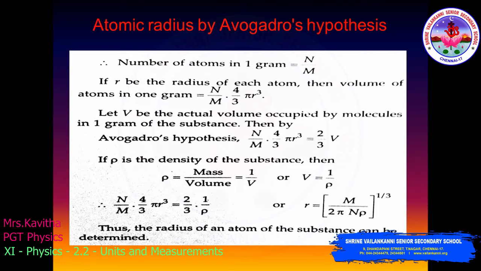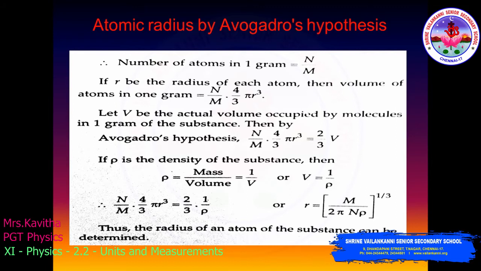So when a large number of atoms are packed together, some empty spaces are left between them, usually very little, depending upon the atom arrangement. According to Avogadro's hypothesis, the actual volume occupied by the atoms in 1 gram of a substance is 2/3 of the volume of 1 gram of the substance.